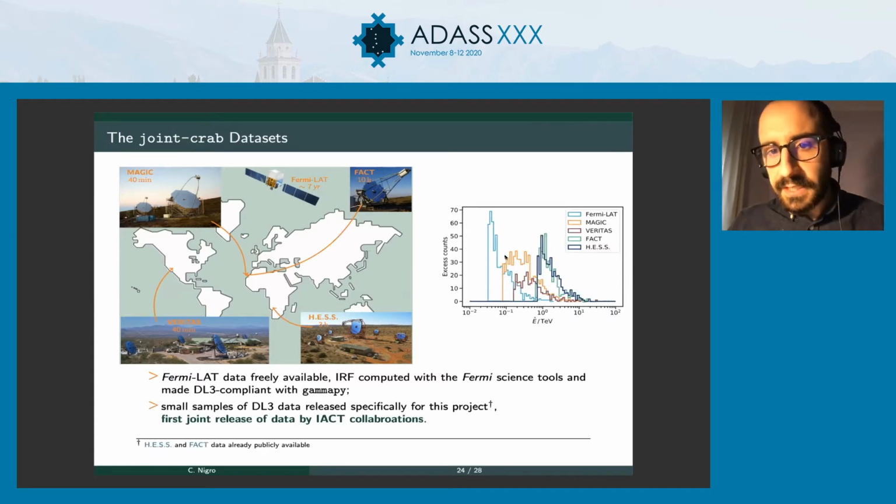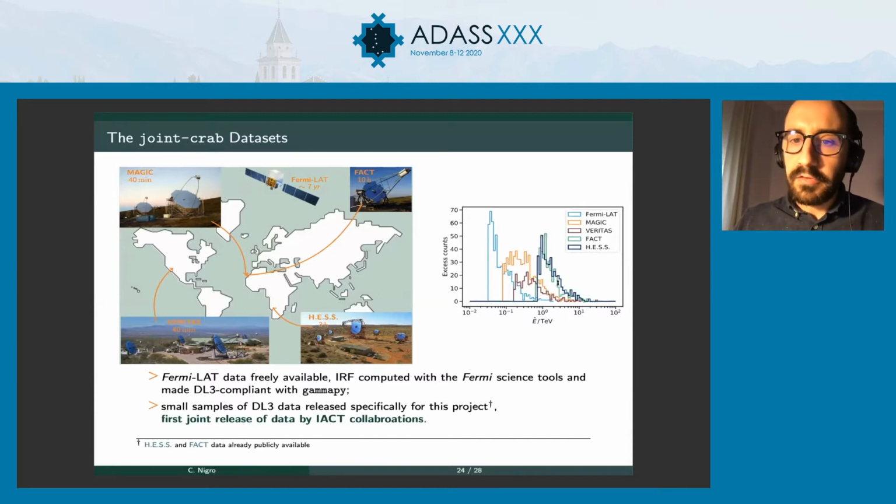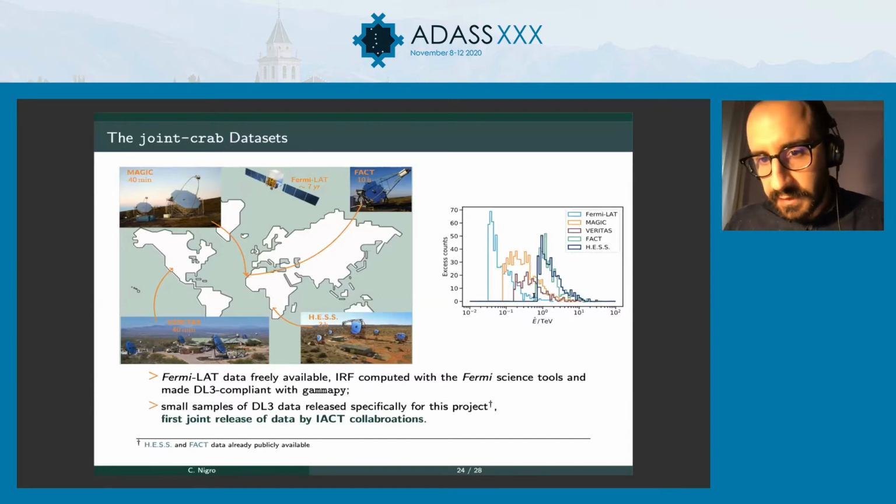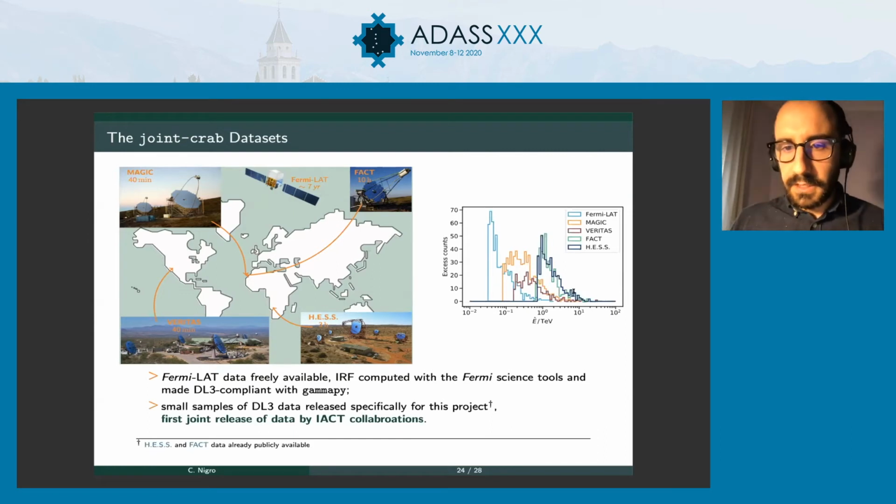And on the right-hand side, you can see the counts, the gamma rays coming from the source, obtained by subtracting the background with the 1D analysis method I showed you at the beginning for each of the instruments. And you can see that we have a coverage of almost 3 orders of magnitude in energy using all the instruments.